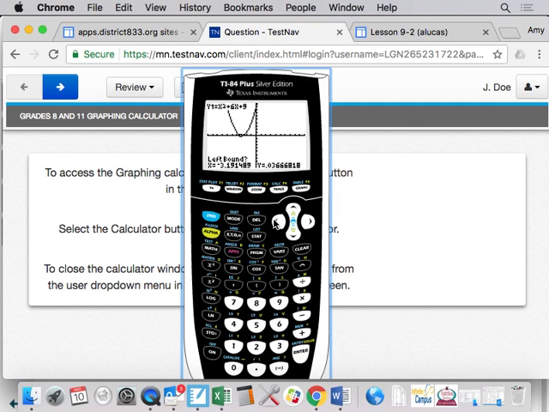I'm going to pick this one for the left boundary. This one for the right boundary. Because it looked like there were so many points right there, you can tell that the zero says negative 2.99999, so really it's negative 3. But it was hard for me to figure out what to use as my boundaries.